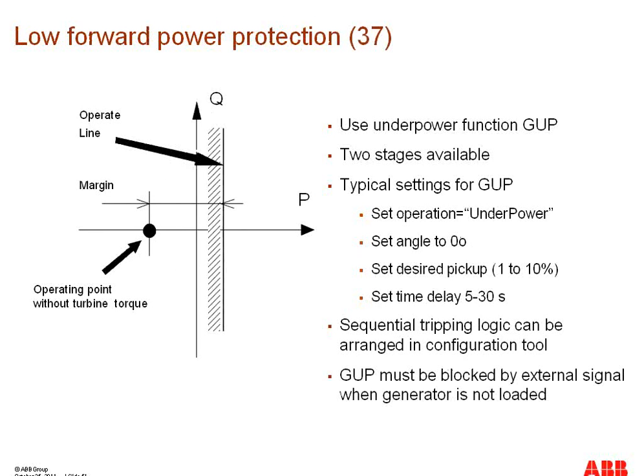For low forward power protection, one should use the underpower relay, and if the active power from the generator is less than about 2%, then this underpower relay will issue a trip.